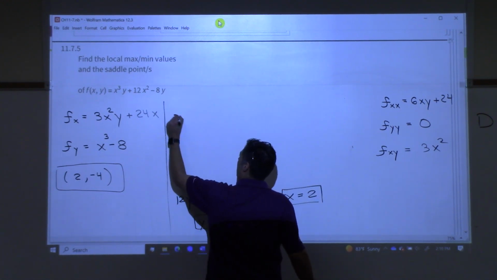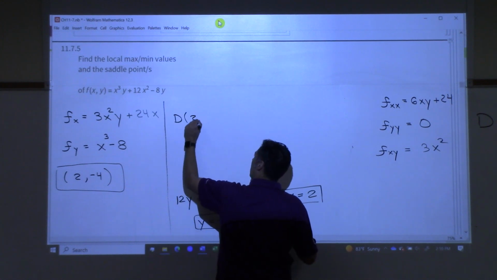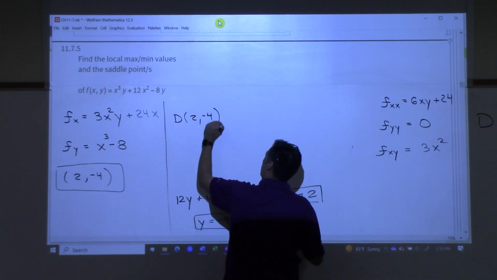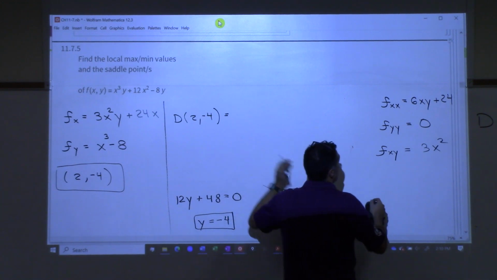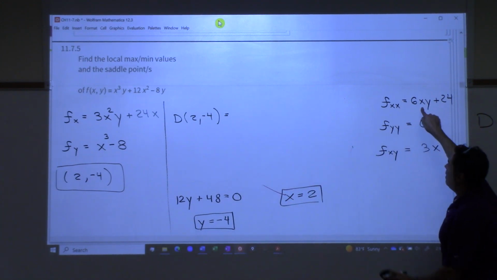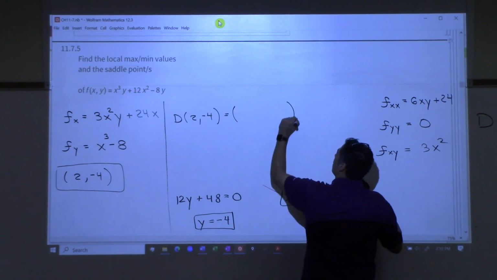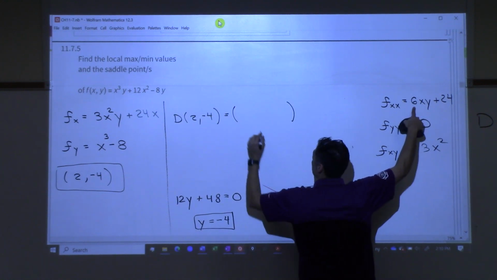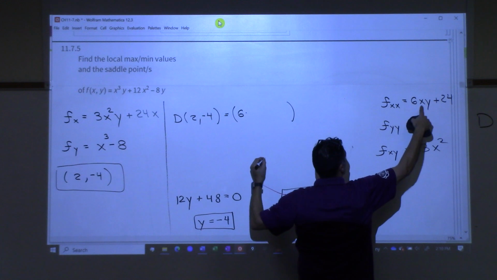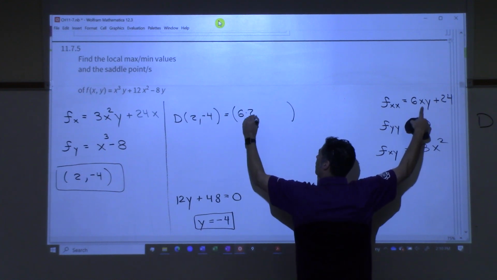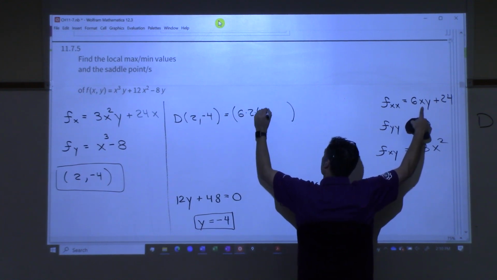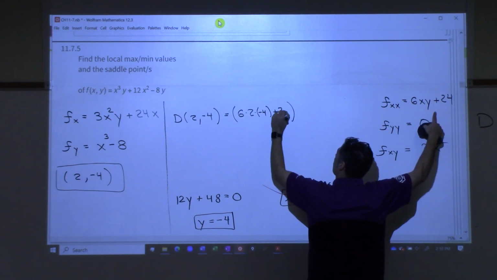Capital D at an x value of 2 and a y value of negative 4 will be, okay, I'm going to write it out. I've got to plug into this 2 for x, negative 4 for y, and then add 24, right? That's what I'm doing.